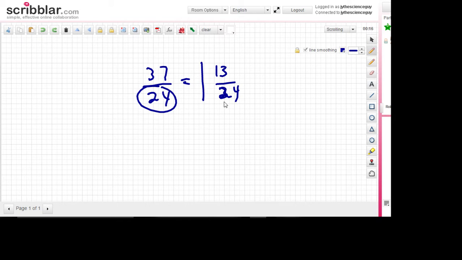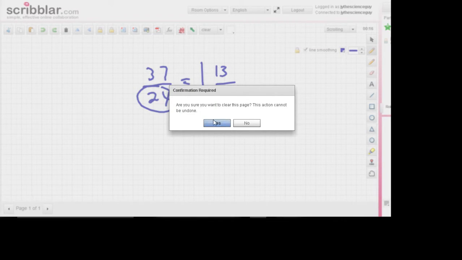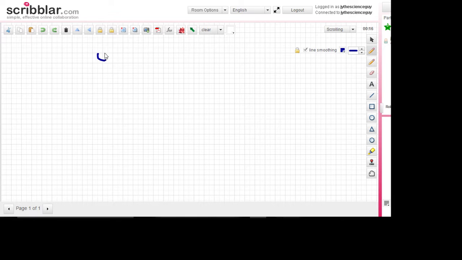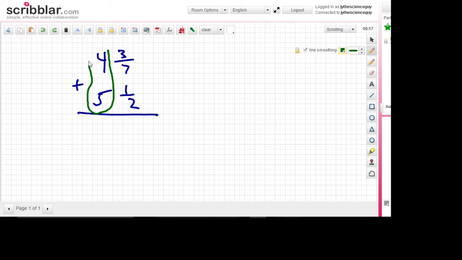This is good. Okay, so when you have two mixed numbers adding together, and I'm not going to do that one because I want you to do it. Let's say I have this. I'm going to separate this. I'm going to add these two numbers together. What do you get? 9.